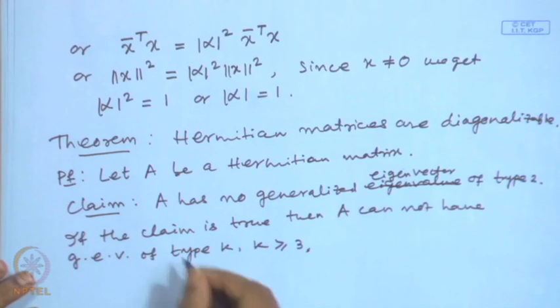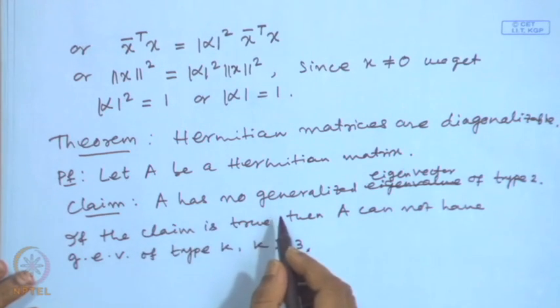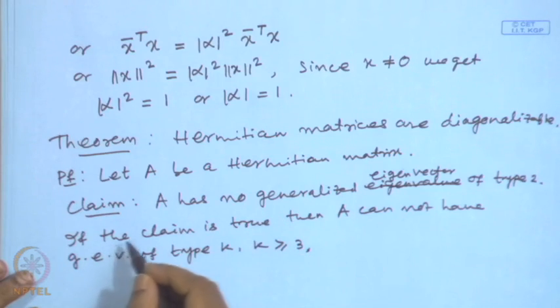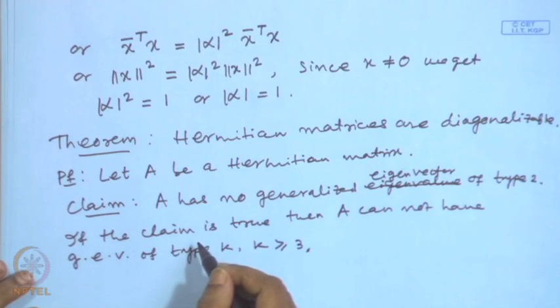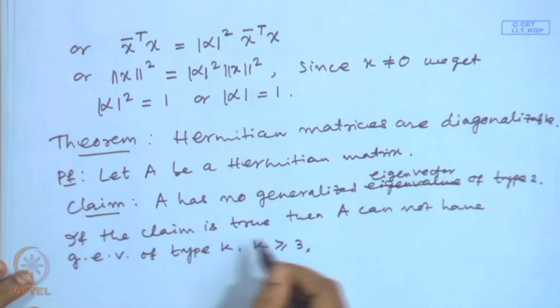Once we prove this claim is true, then this matrix A will have only generalized eigenvectors of type 1. Those generalized eigenvectors of type 1 are nothing but ordinary eigenvectors.